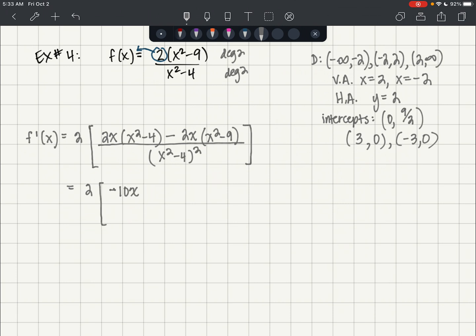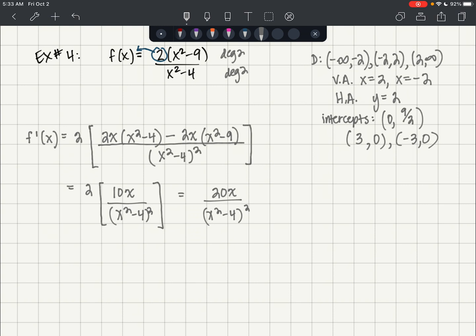Nope, positive 10x. 18 minus 8 is positive 10x. And then that's over x squared minus 4 quantity squared. If I were to multiply that 2 back through, I get 20x over x squared minus 4 quantity squared.